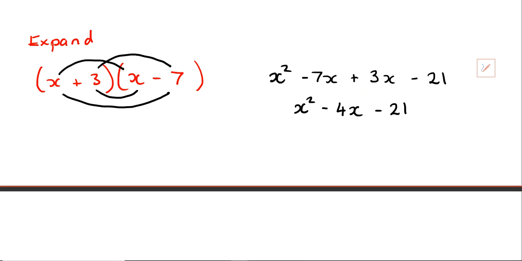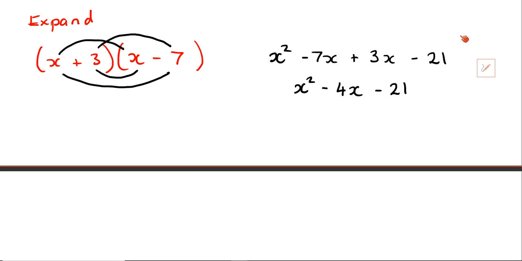I'm going to ask you to notice anything that could potentially help you in the future once we've done a few of these examples. So pay attention to what's happening. The next one is a minus 2 multiplied by a plus 5.